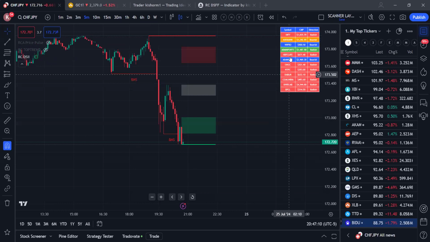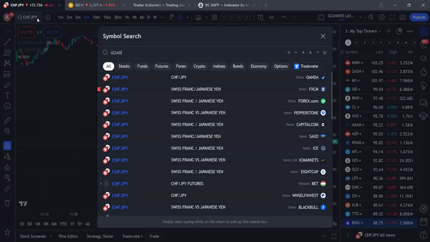So for example, this Adani port, right? It is in the green color. That means it is very good to buy the stock, right? You can ignore the dollar sign. It is basically INR, right? Because these are India stocks. That is 1487. So let us go and check Adani.